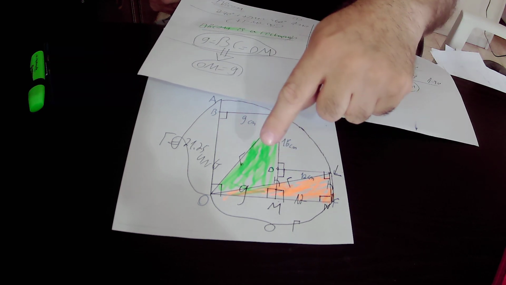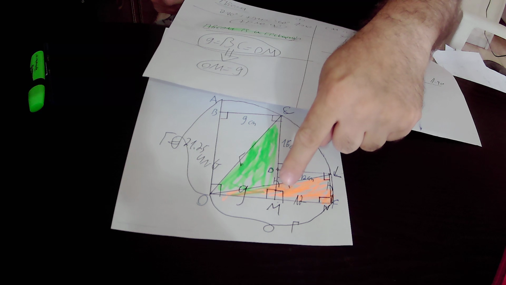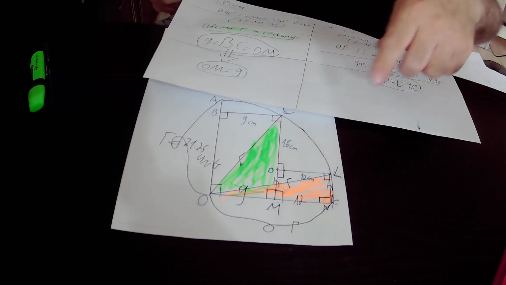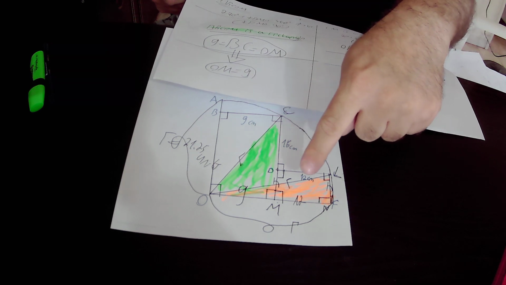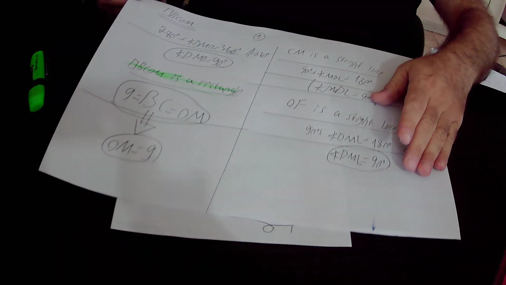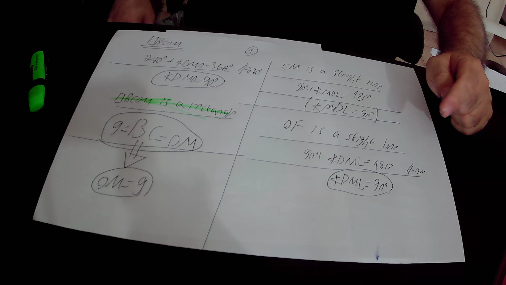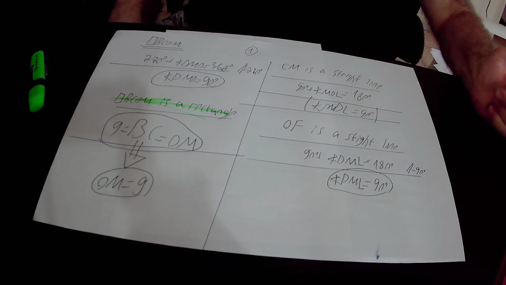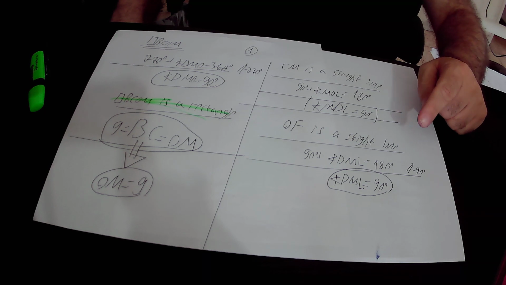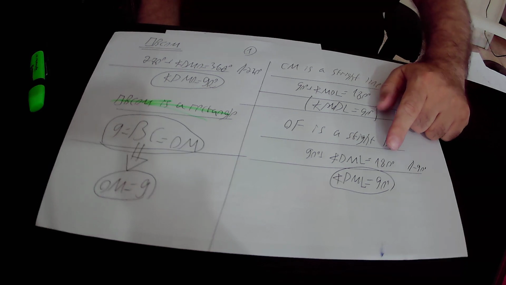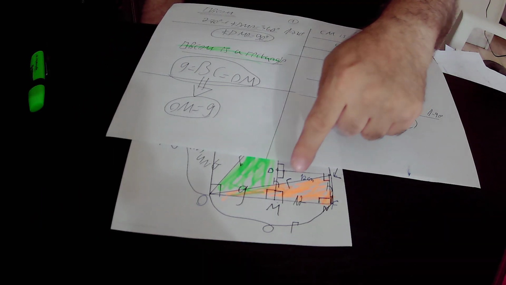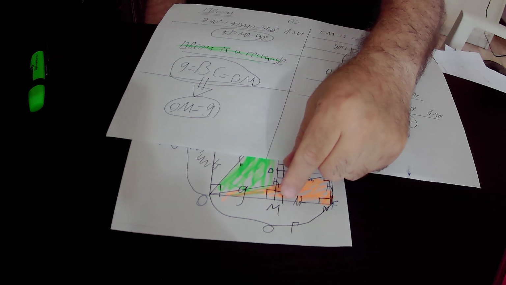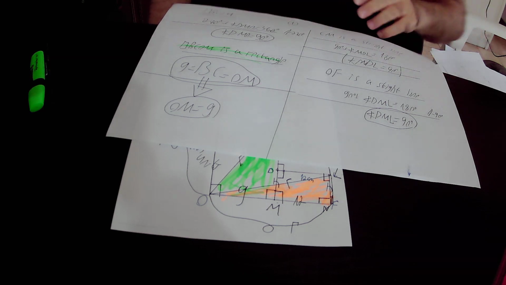We have 90 degrees, angle DML and angle DMF. So 90 degrees plus angle DML must equal 180 degrees. We subtracted 90 degrees and found that angle DML equals 90 degrees. So those two angles are both right angles, equal to 90 degrees.